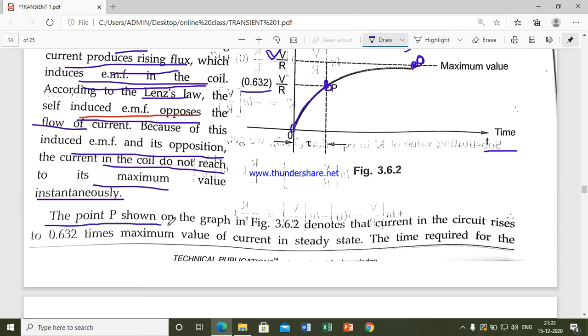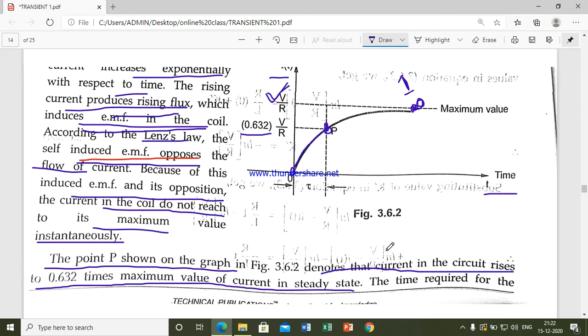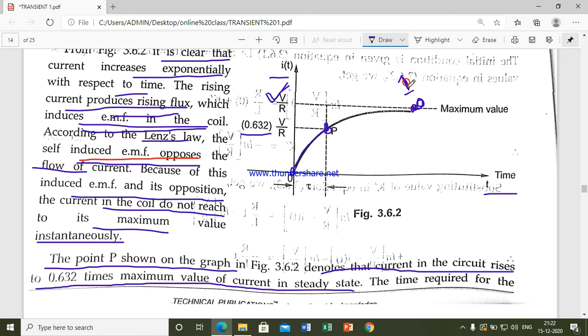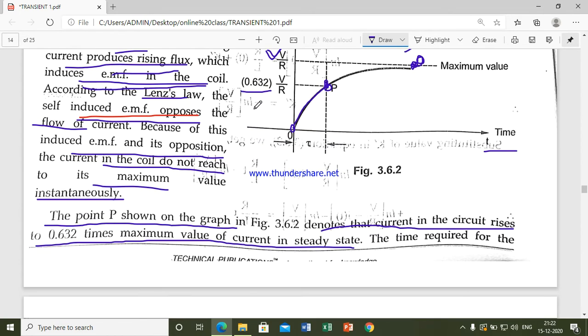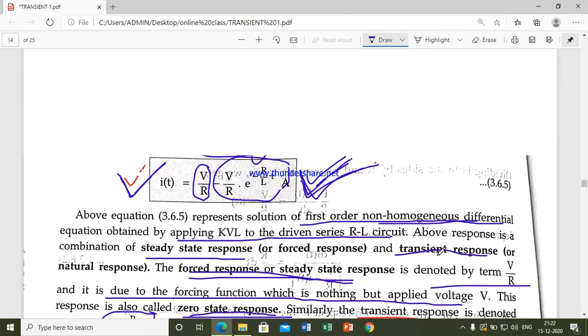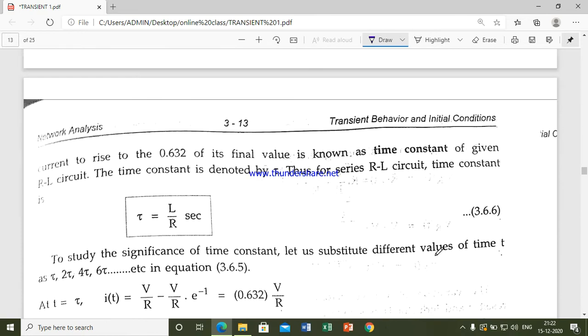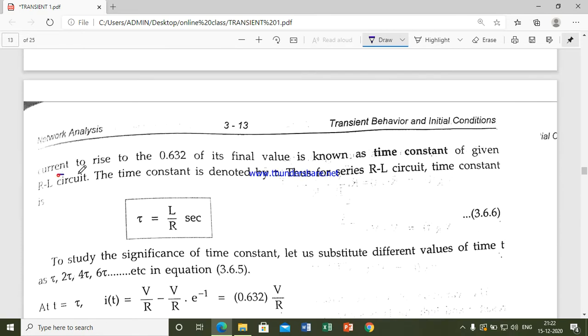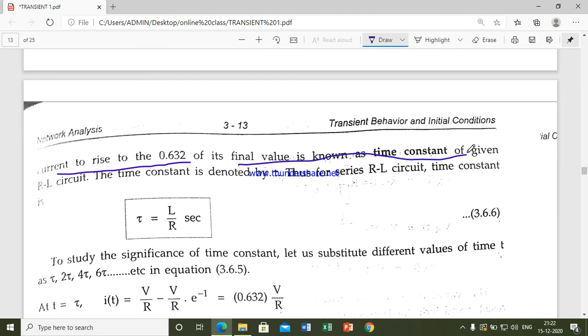The point P shown in the graph denotes that current in the circuit rises to 0.632 times the maximum value of current in the steady state. Maximum value is 1, but at the point 0.632 it is the maximum value. The time required for the current to rise to 0.632 of its final value is known as the time constant of the given RL circuit.